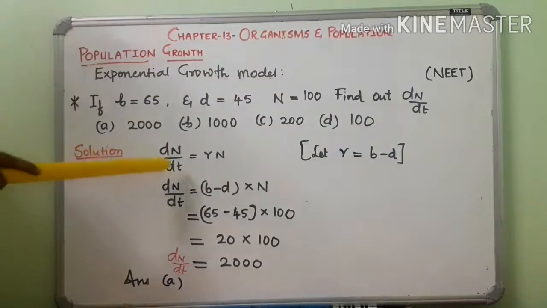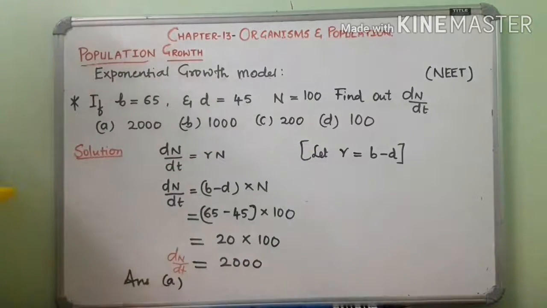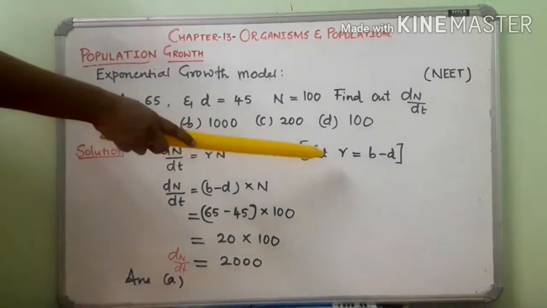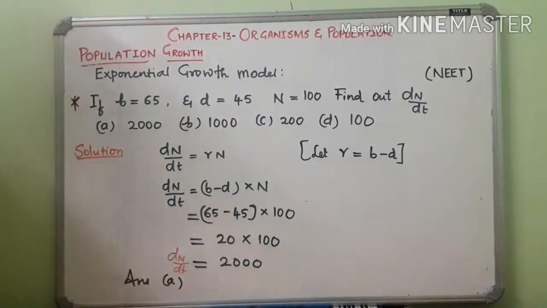Solution: dN by dt equals rN. It is the exponential growth model formula. Let r equal B minus D. The intrinsic rate of natural increase is birth rate minus death rate.